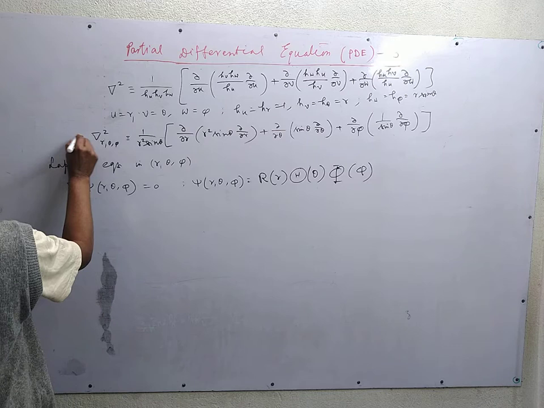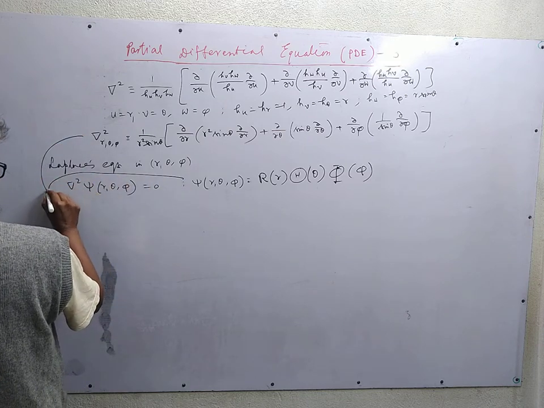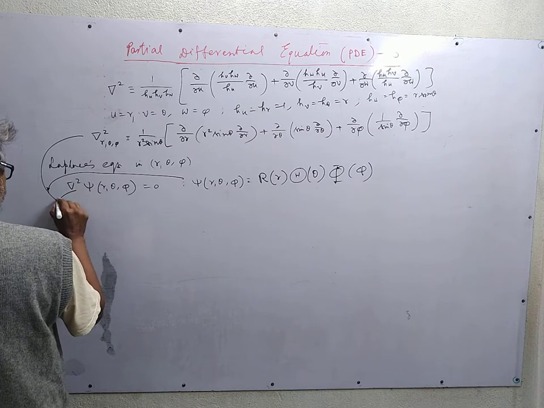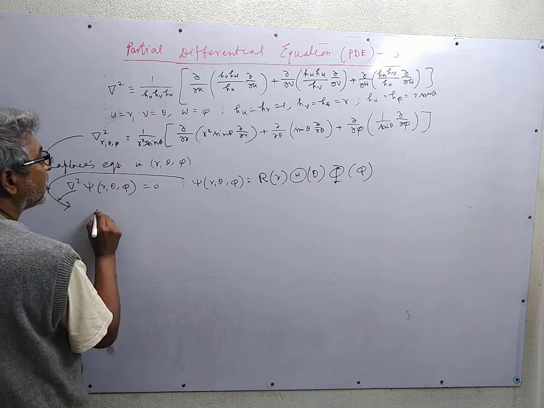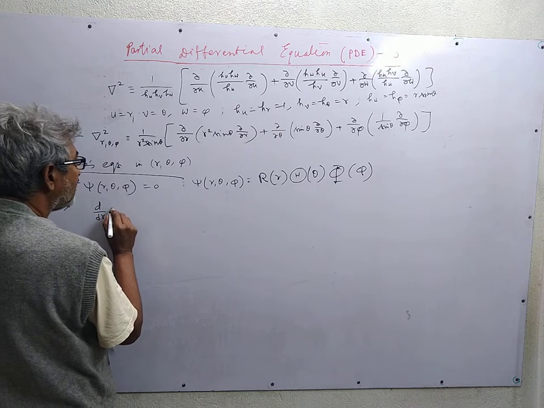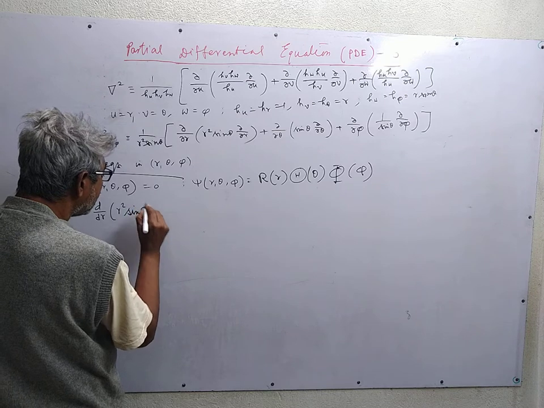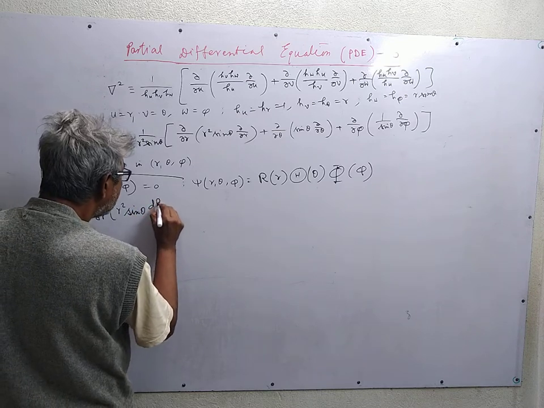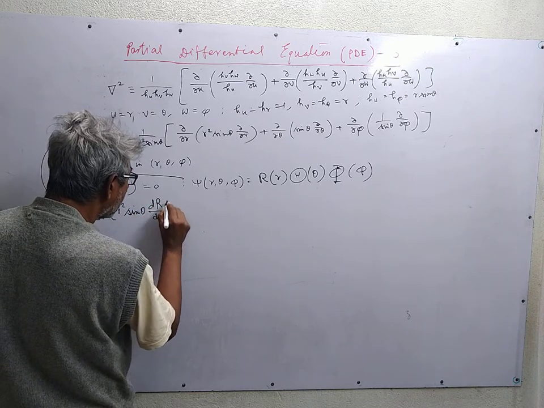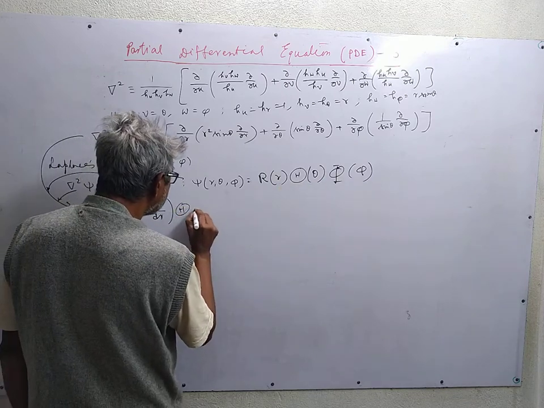So this equation, when we use this and this, becomes d by dr of r square sin theta dR by dr, and Theta Phi remains as it is.